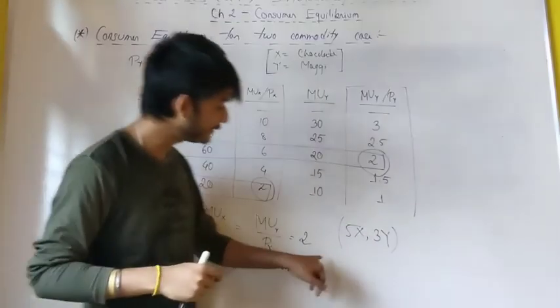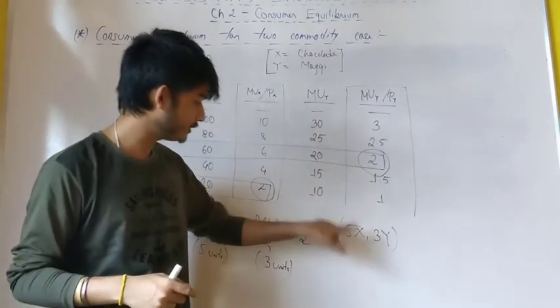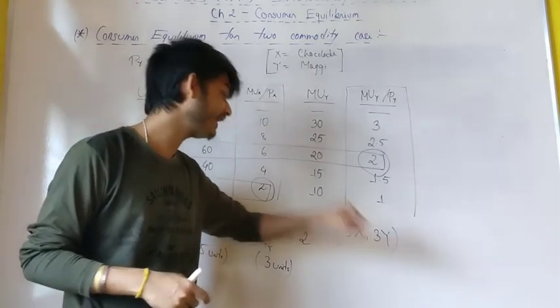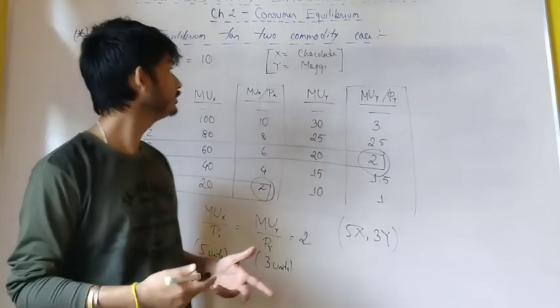So consumer is in equilibrium when he is consuming 5 units of good X and 3 units of good Y.